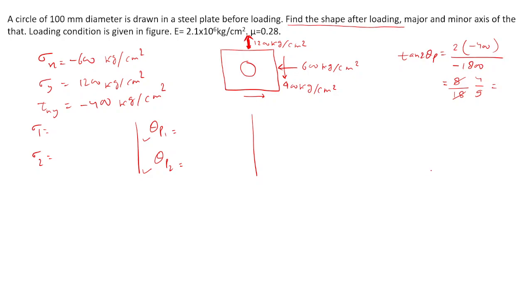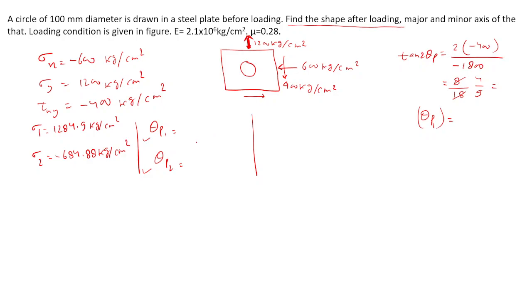Sigma 1 is coming 1284. First, let me know theta p1. Okay, sigma 1 how much? 1284.9. Okay. Sigma 2? Minus 684.88.